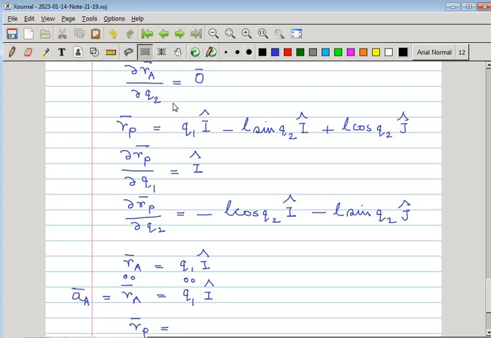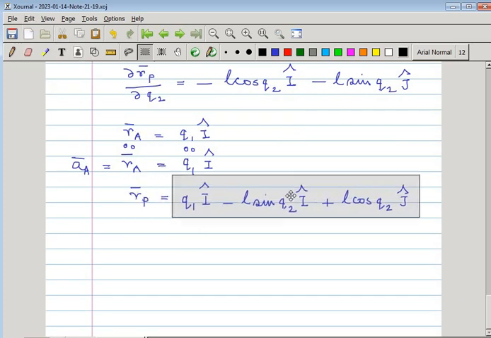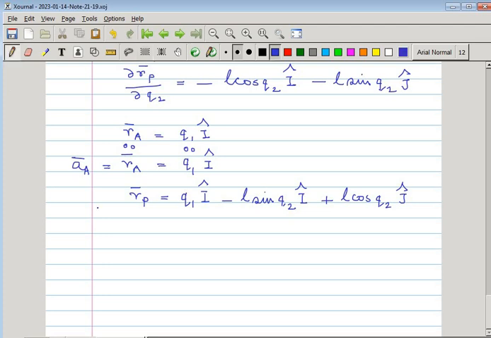So RP dot is equal to Q1 dot I minus L cos Q2 dot I minus L sin Q2 dot J.